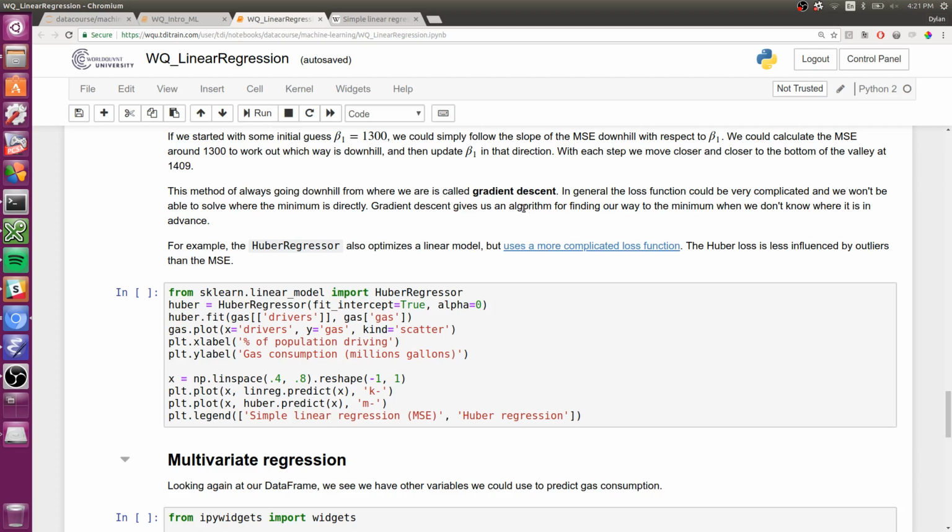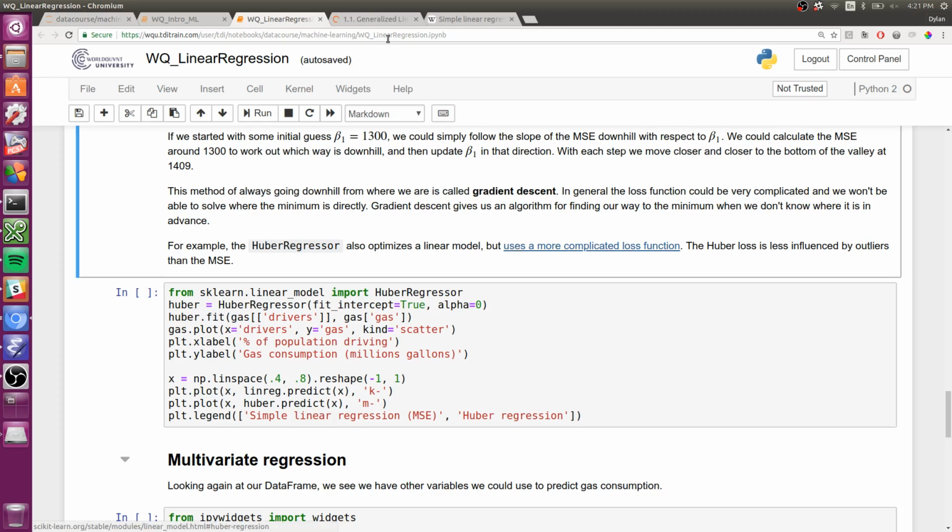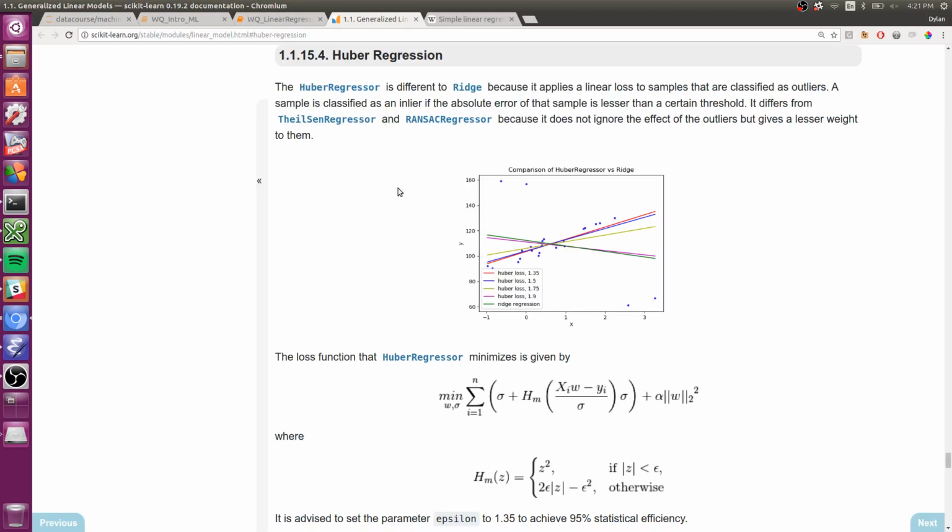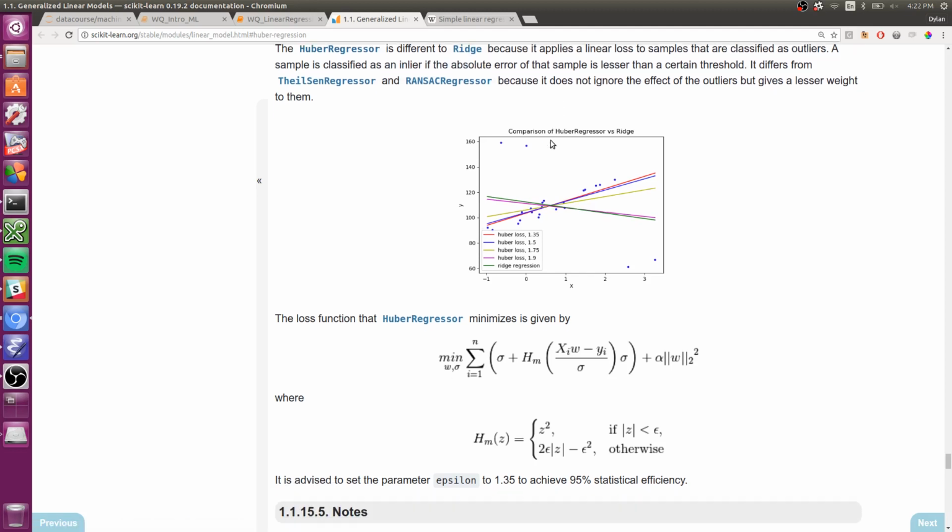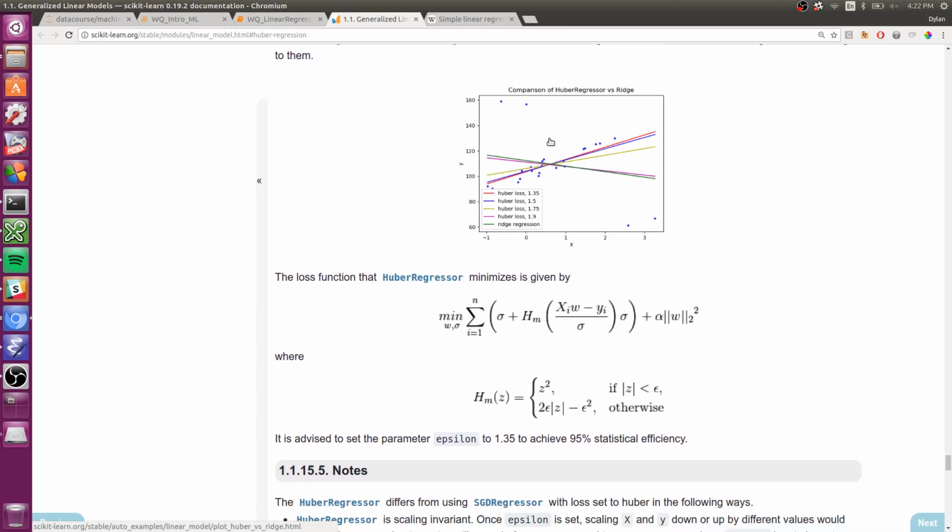One example of where gradient descent is used is what's called a Huber regressor. So the Huber regressor is a linear model, but it minimizes a more complicated loss function.